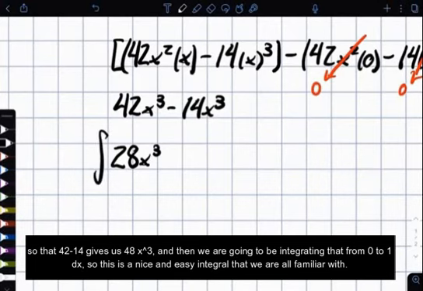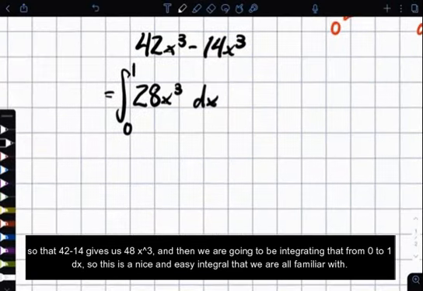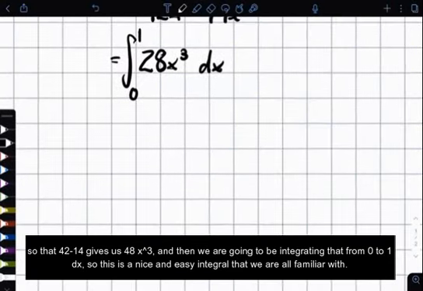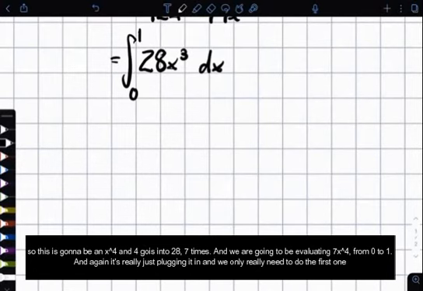Then we integrate that from 0 to 1 with respect to x. This is the nice and easy integral we are all familiar with. It becomes x to the 4th, and 4 goes into 28 7 times, so we evaluate 7x to the 4th from 0 to 1.